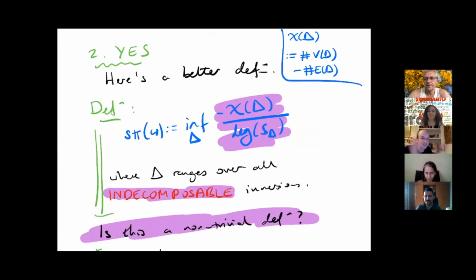You can argue with me about whether infinity is the right number to use there, but you could also call it -1 or something. I don't know what the right number is, but whatever you think the infimum of the empty set should be. But that's what happens there. And sorry, let me also say that's an if and only if. So actually it characterizes primitive elements in that case. Some other question?